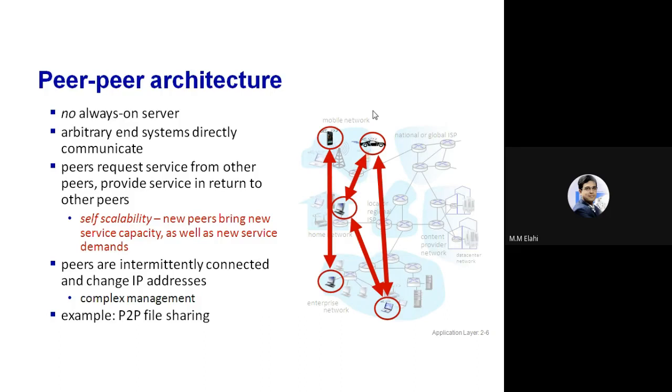And the third point is there is direct client to client communication possible. So the main advantage of peer-to-peer is self-scalability. New peers join and leave. There is nothing fixed about any particular client or server.